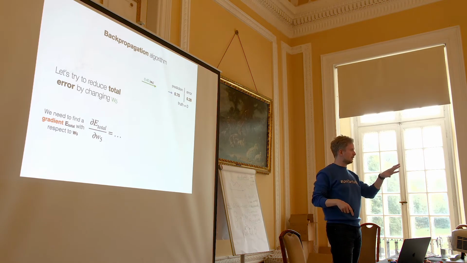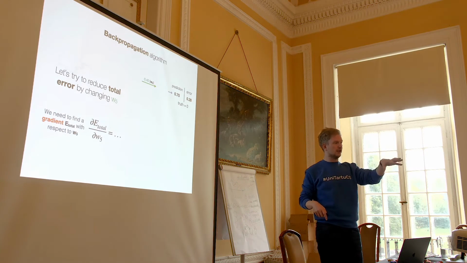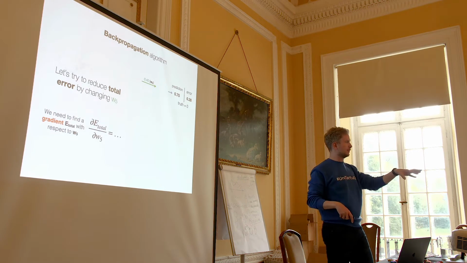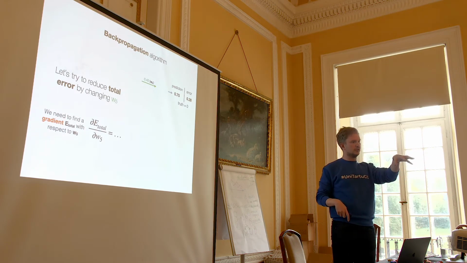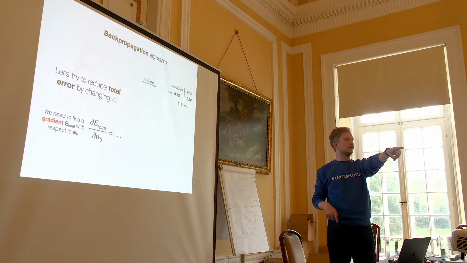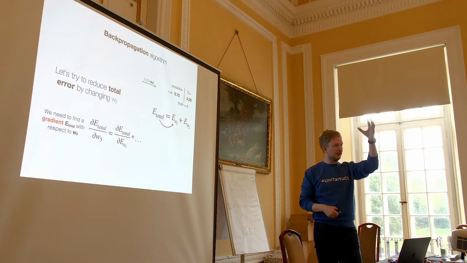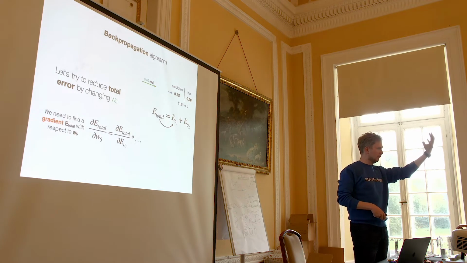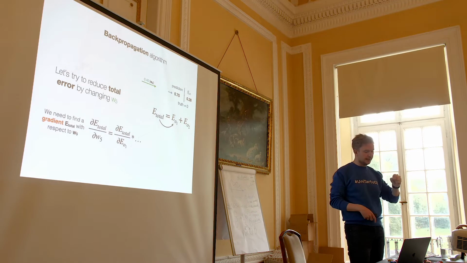First of all, let's remind ourselves, how did we arrive at E total, the error total? What was the formula that we used to arrive at E total? Sum? Of what? Exactly. In order to get E total, we have summed the error of output neuron 1 plus the output neuron 2, the error on one neuron and the other neuron.